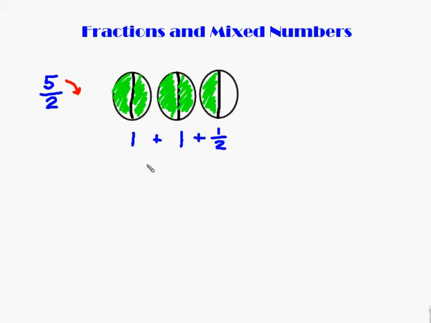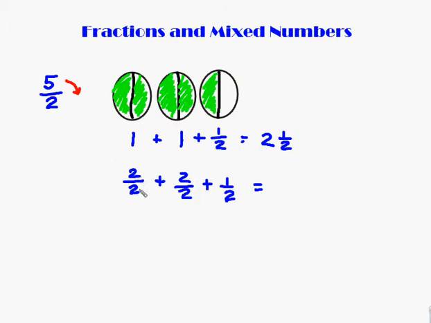So together, 1 whole plus 1 whole plus 1 half is equal to 2 and 1 half. Notice the 2 is large because that's a whole number, and those are fractions. 2 out of 2 plus 2 out of 2 plus 1 out of 2.